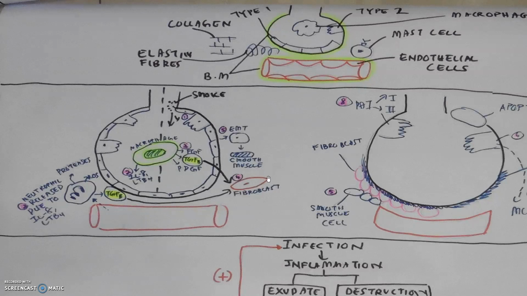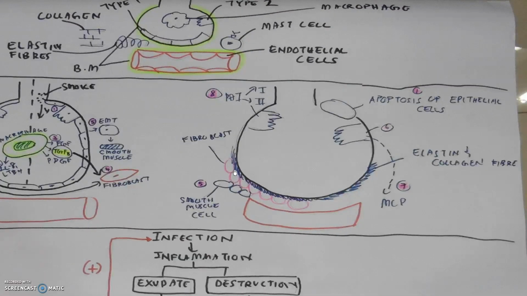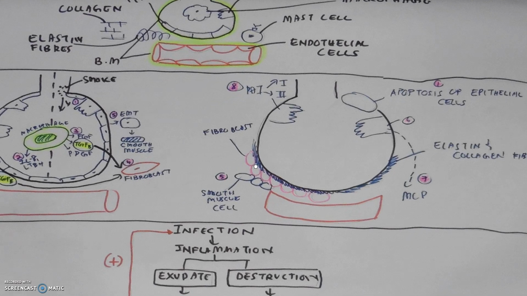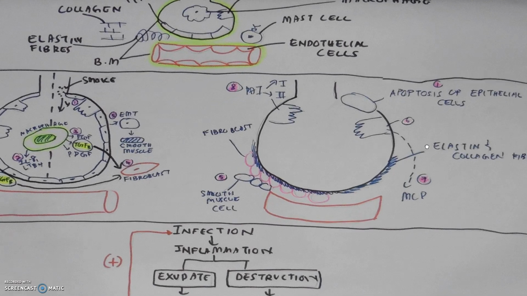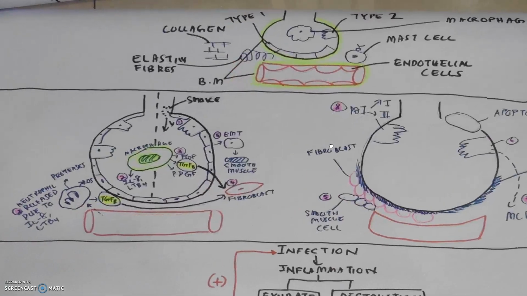When they proliferate, they will produce a lot of elastic fibers as well as collagen. As you can see here, a lot of elastin as well as collagen fibers is being laid onto the interstitium, so the interstitium will start to become thick.